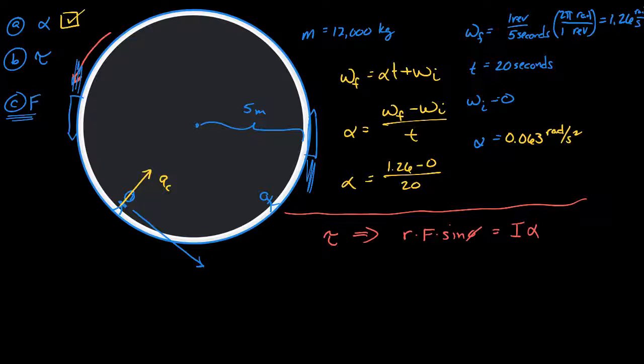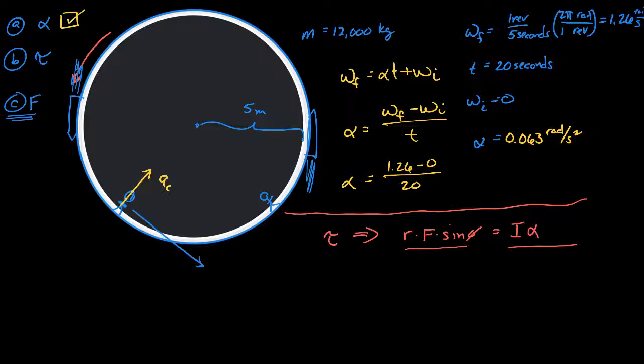If you're trying to figure out which side of this to use, you're going to have to carefully consider what you have. The right side deals with the shape of the object and what it does. The left side deals with forces and where they're applied.